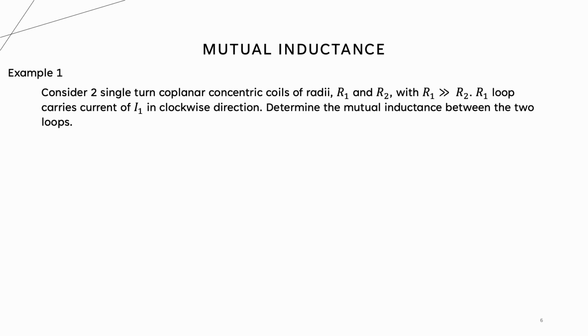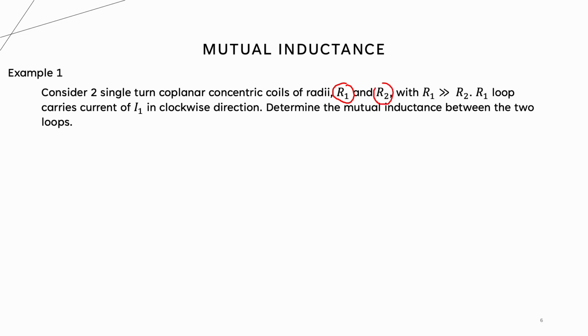Now let's look at the example. Example 1: consider two single-turn coplanar concentric coils of radii R1 and R2.